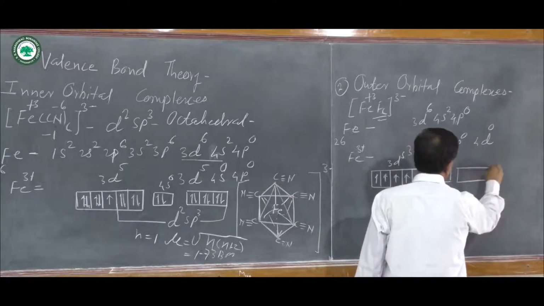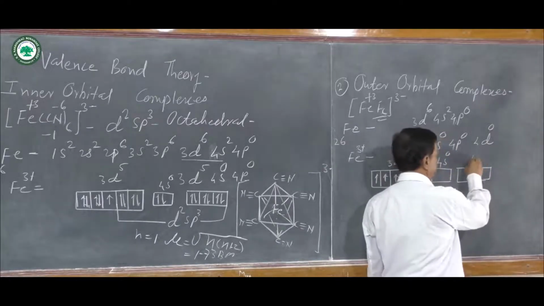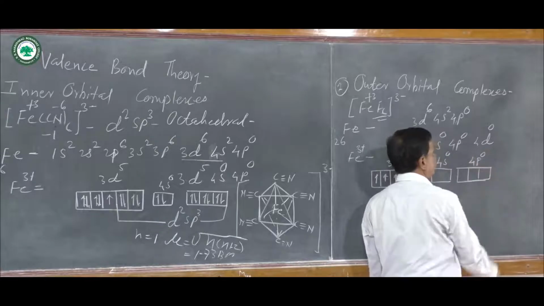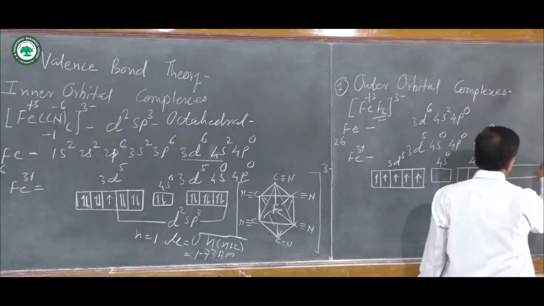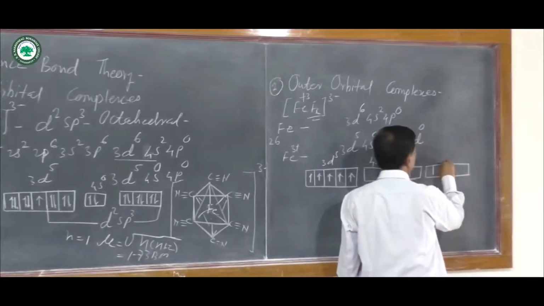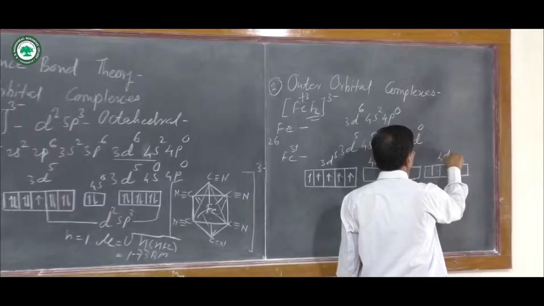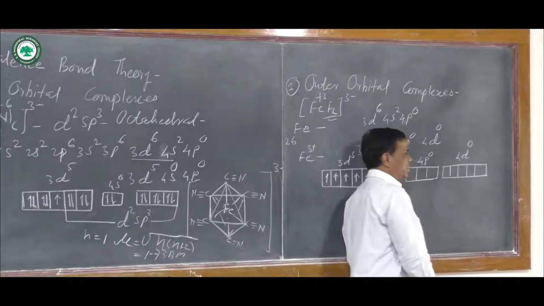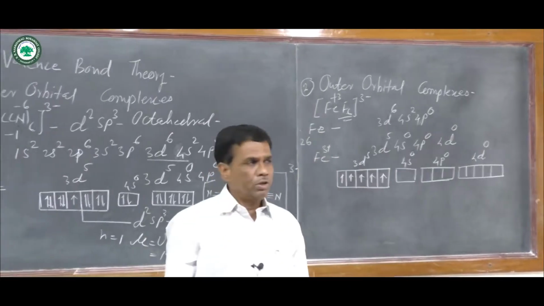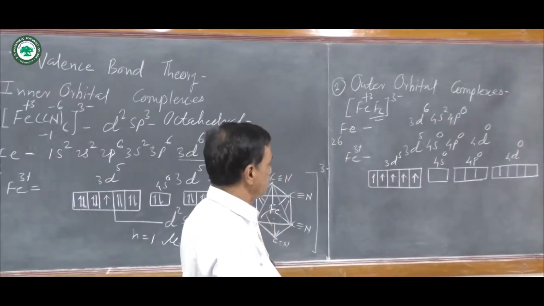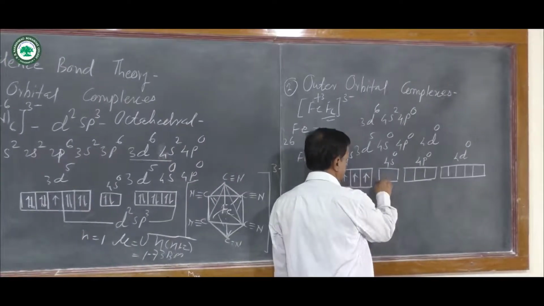Then next 4p orbitals px, py and pz, here 4p0, and next there are 5 4d orbitals, 1, 2, 3, 4 and 5, and the 4d orbitals again contain 0 electrons.